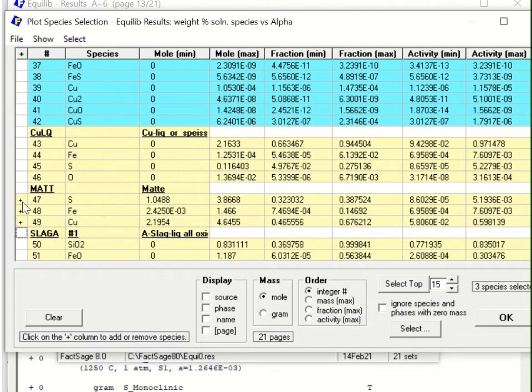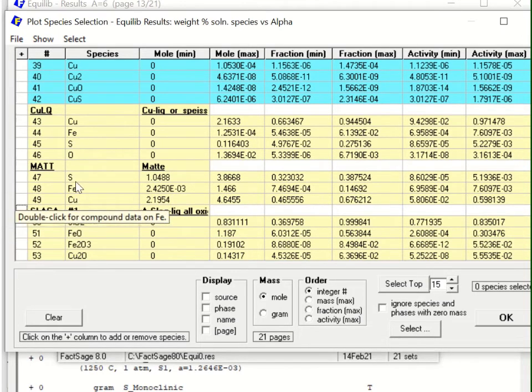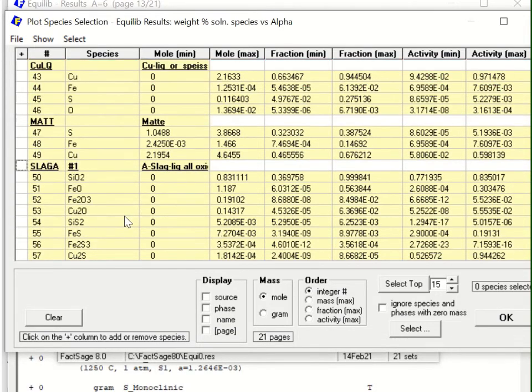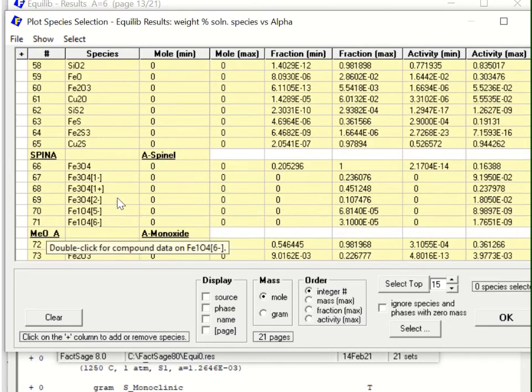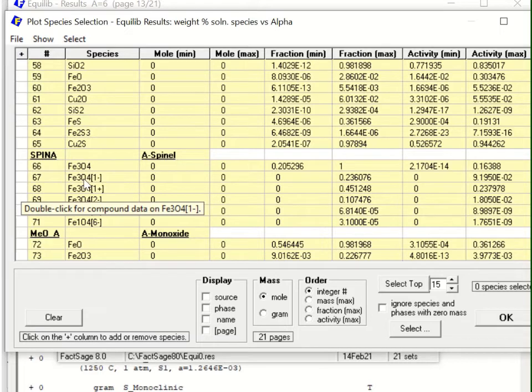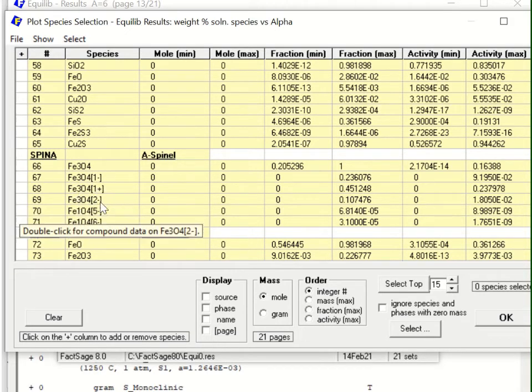This is good. But most of the time, I'm recommending that instead of using this one, because sometimes you can see some weird kinds of species here, because this is modeling species. For example, here, as you can see, spinel, there's the Fe3O4 1 minus phase, Fe3O4 1 plus phase.